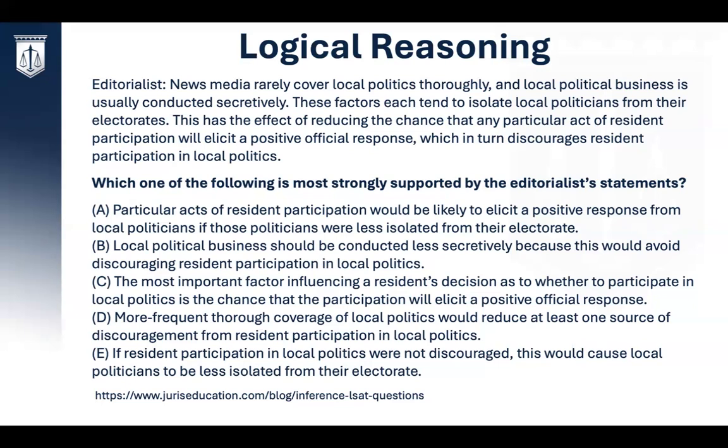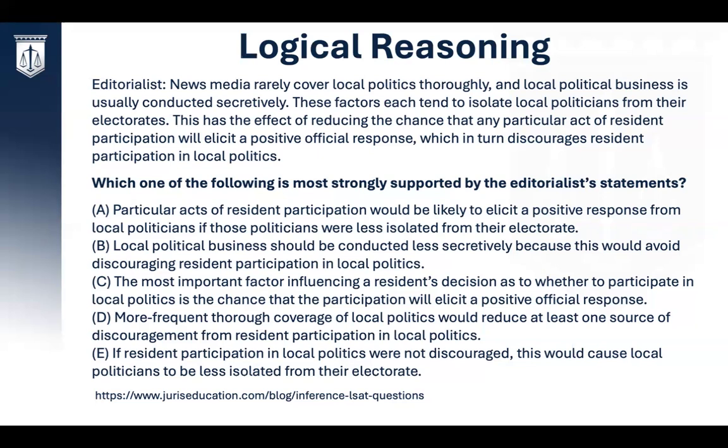A drop from 95 to 85 is still likely, just less so. So we can't conclude something is unlikely simply because the likelihood has decreased. Unlikely is an absolute judgment, while less likely is relative. The distinction is crucial on the LSAT. The answer is incorrect because isolation might only reduce the chance slightly from 20 to 19, meaning positive responses are still not likely. Okay, B.